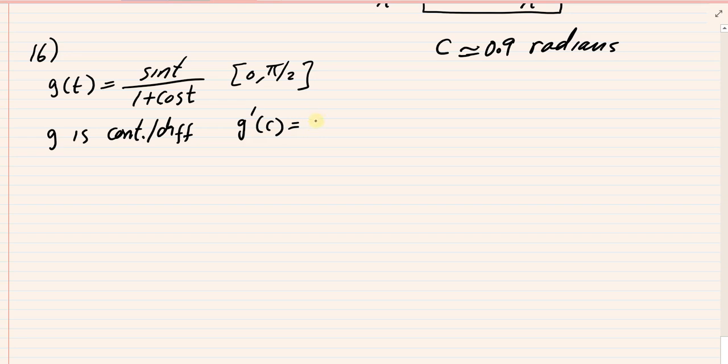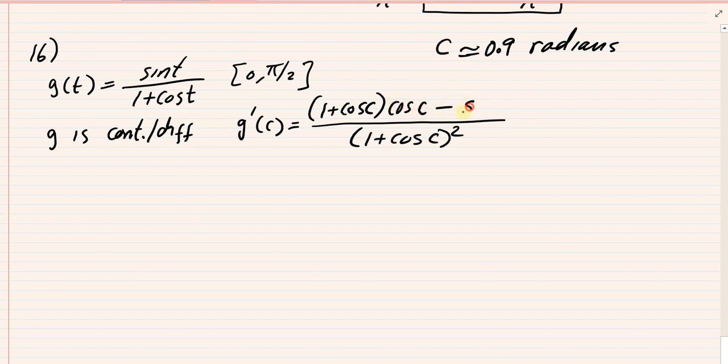Okay, g prime at c: the derivative is going to be square the denominator, cosine c squared, repeat the denominator, times the derivative of the numerator, the derivative of sine is cosine, minus the numerator times the derivative of 1 plus cosine, which is 0 minus sine.